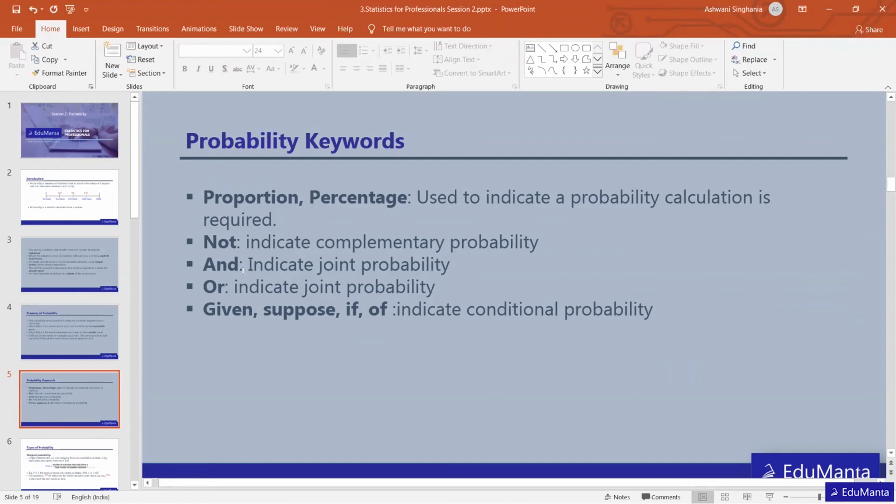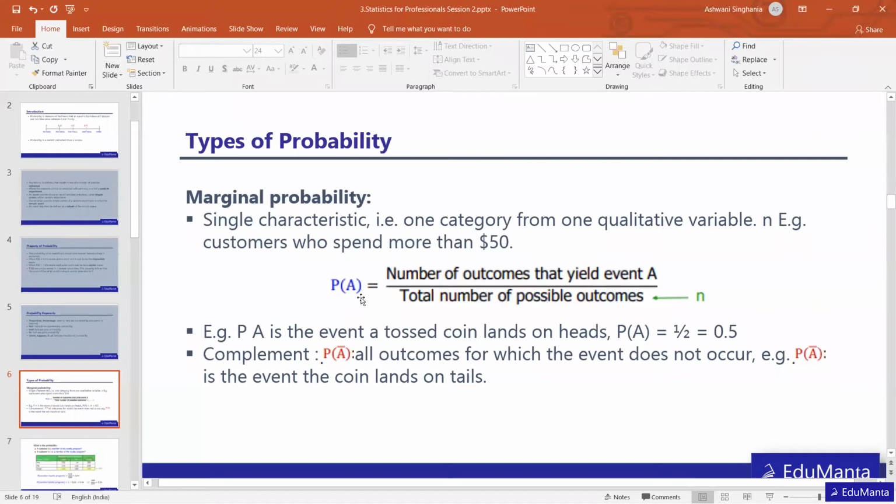We will discuss in detail also. And or indicates joint probability, and given, suppose, if, of indicate conditional probability. You will always find these words in the questions, and they will help you identify what is actually being asked. For example, let's move to marginal probability.